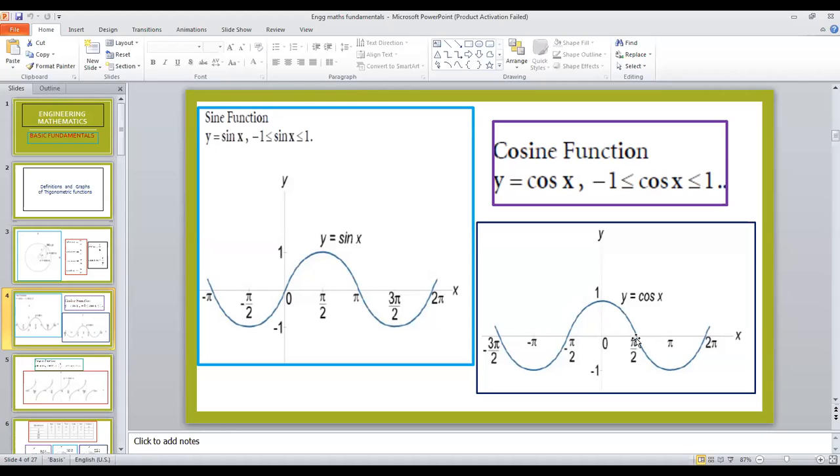So if you consider the graph of the cosine signal between -π/2 to +π/2, to the left of the y-axis, that is from 0 to -π/2, that amount of signal is the same as the signal to the right of the y-axis, that is from 0 to π/2. Means this signal is also symmetrical.